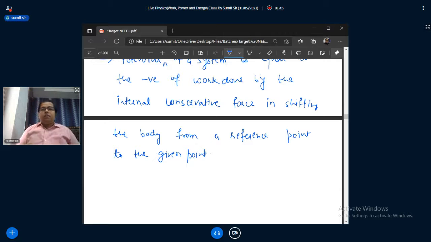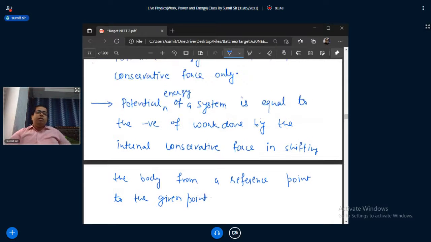This is how we calculate the potential energy of a system.